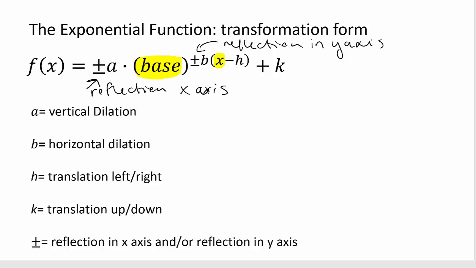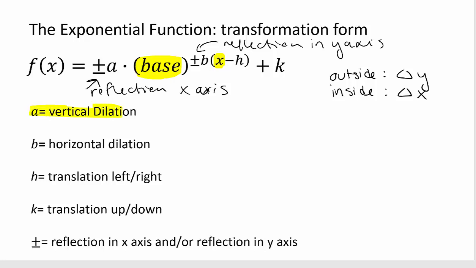So remember that terminology that we've talked about before, inside of the parent function, outside of the parent function. Anything that is outside of the parent function changes our y values, and anything inside of our parent function changes our x values.